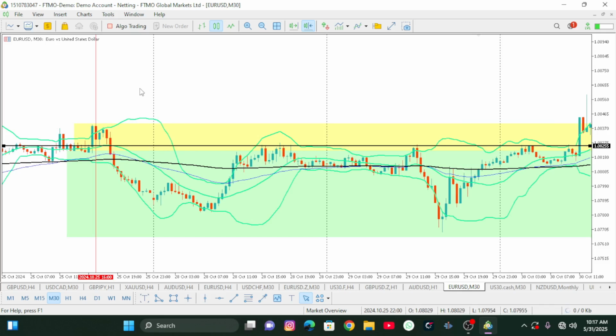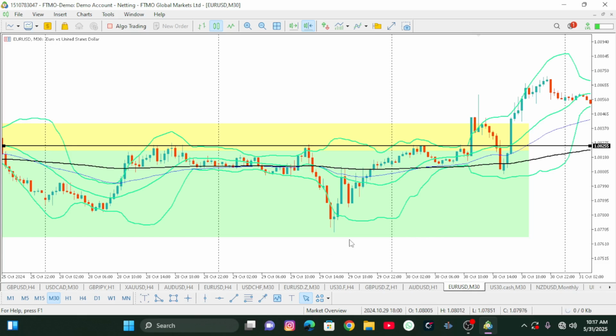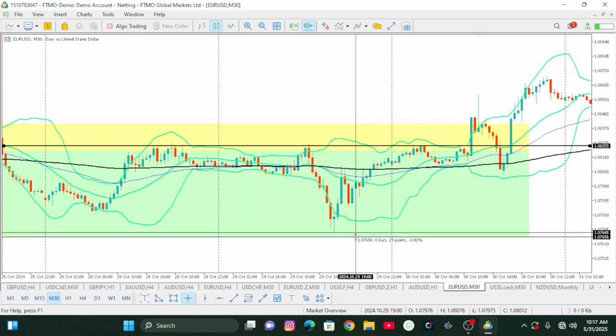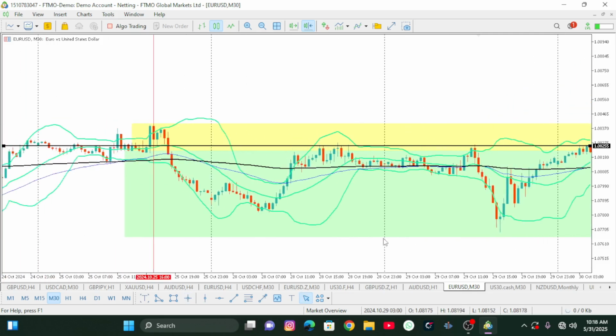From this trade you can see that the trade missed our take profit by a slight distance of around 2 pips, 3 pips, yeah. It missed our take profit by 3 pips only.